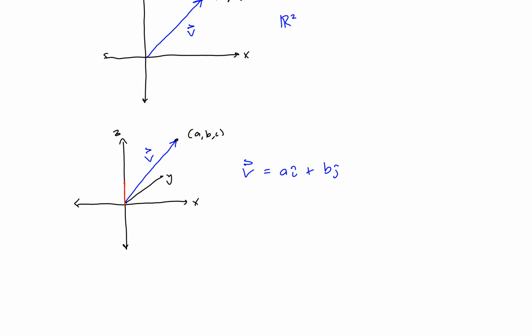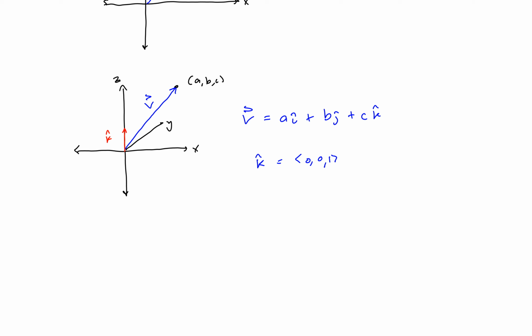So we're going to denote this vector k. This k is 1 in the z direction, so we'll say ck, and here we've added this vector (0, 0, 1). And now note, our i and j are still in the x and y directions, but now we have to write them with 3 coordinates because we're in 3 space. We use the same notation, and it's just left up to the person looking at it to understand whether we're talking about 2 space or 3 space.